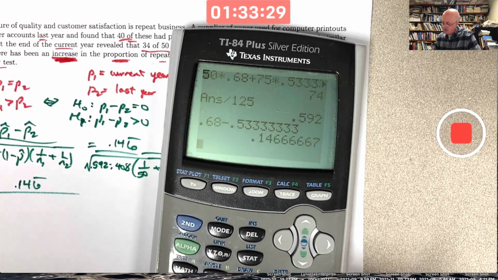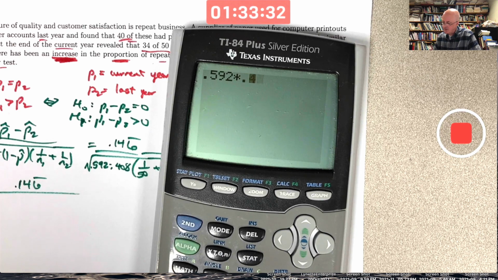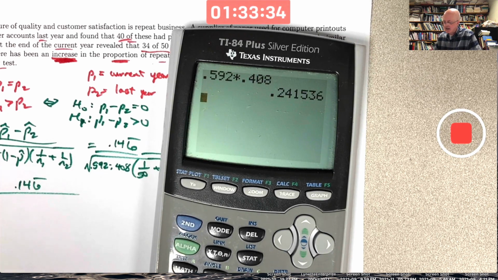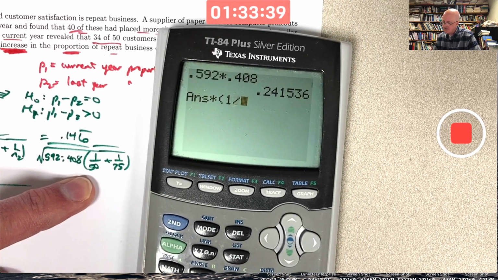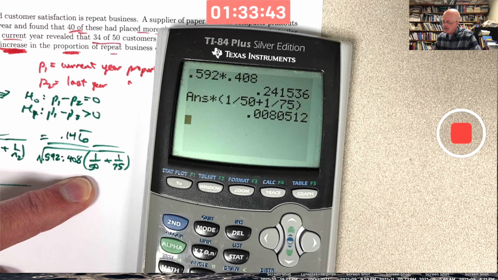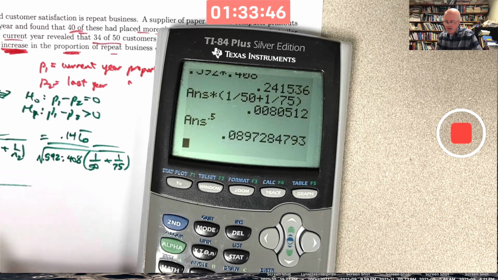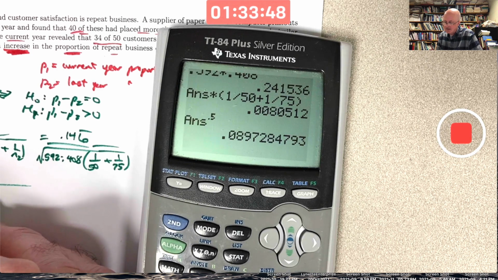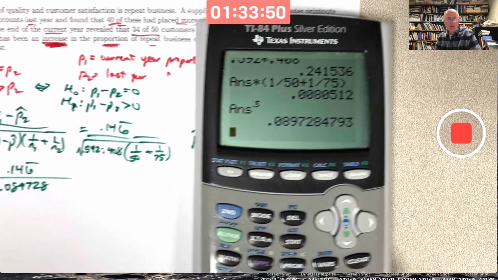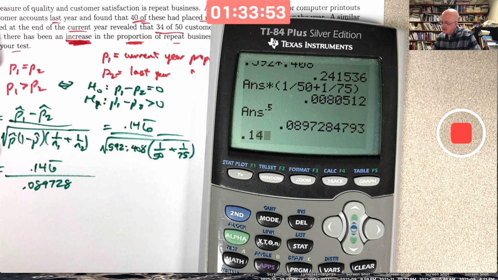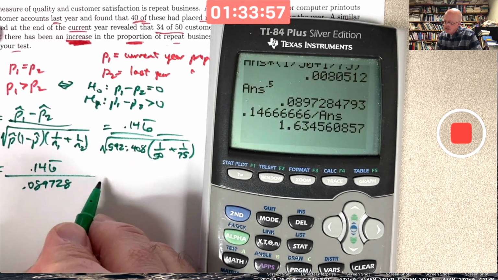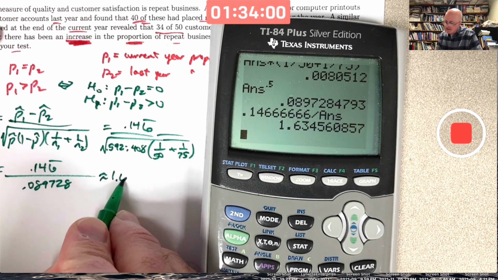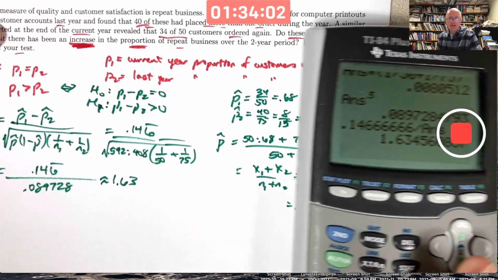So again, 0.592 times 0.408, times, in parentheses, 1 over 50 plus 1 over 75. Sorry, there's no way around some nasty calculations here. Take the square root of that, get 0.089728. 0.14666 divided by that is approximately 1.63 for this right-tailed test.